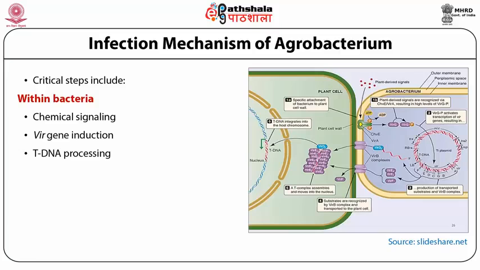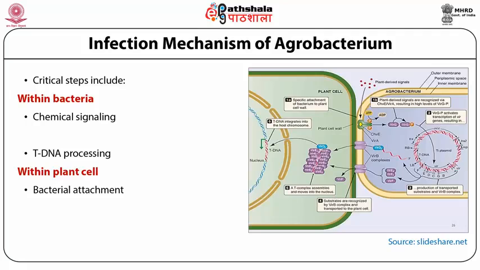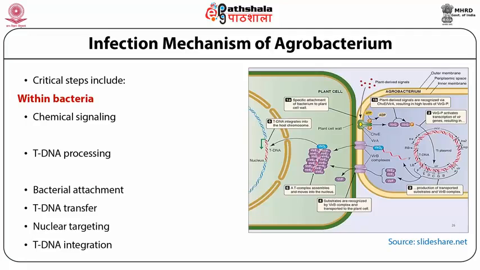And tDNA is excised from this plasmid and transferred with the help of the products of Vir genes into the plant. Within the plant, several changes occur: the sites for bacterial attachment, the transport of tDNA into nucleus, and integration of tDNA.